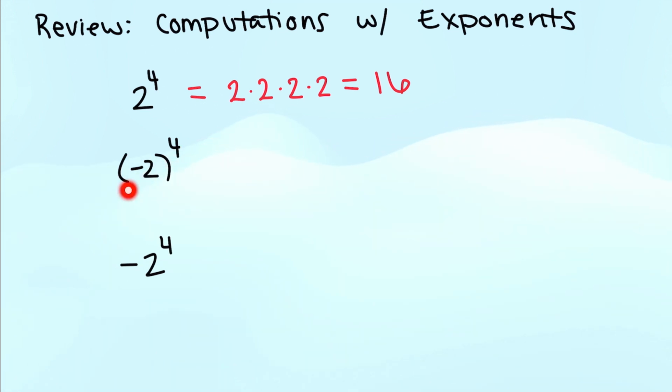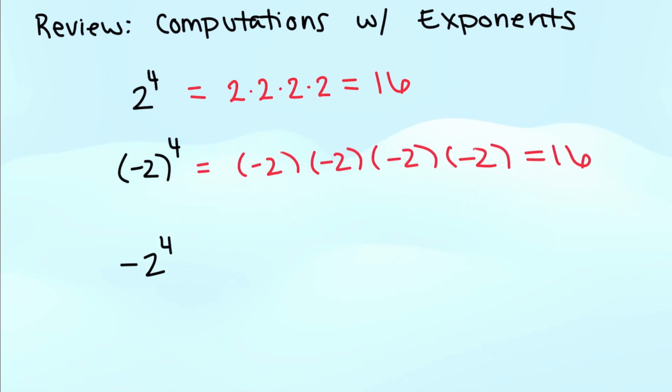If we have (-2) to the 4th, notice there are parentheses, that means we are taking negative 2 times itself 4 times. 4 negatives is going to give us a positive, and we also get positive 16. However, if I don't have parentheses around the negative 2, this exponent of 4 only applies to the 2.